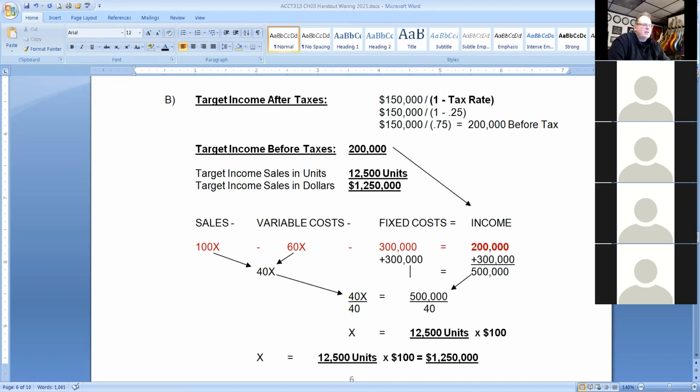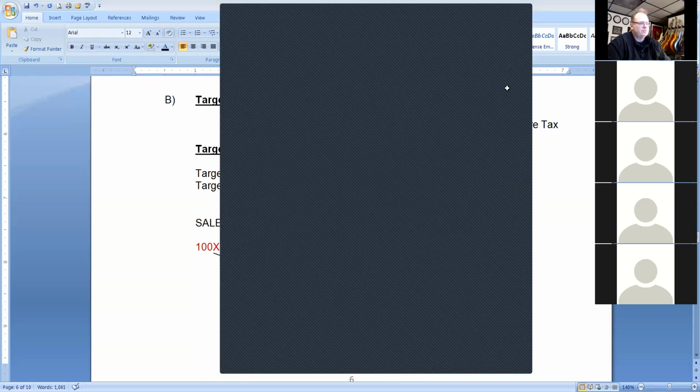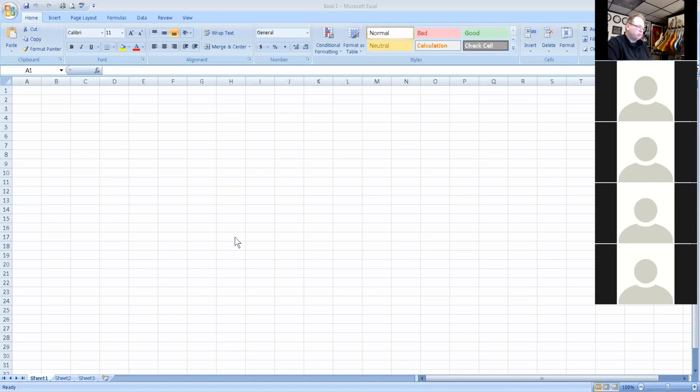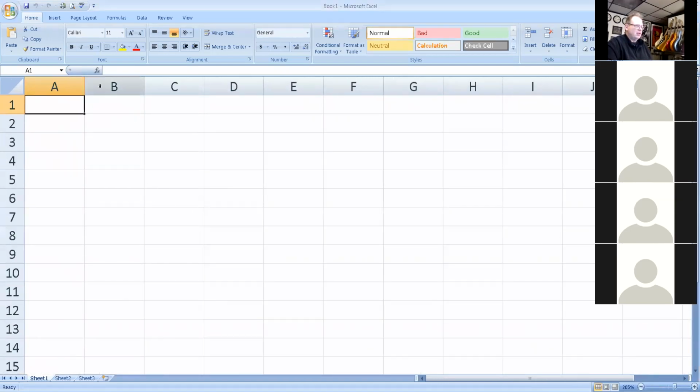You know what? Let me show you guys in Excel kind of what this all means and how we got it. So our target income is $150,000 after tax, and we had to figure out the before tax to fit it into our equation. Let me show you what's going on with it.